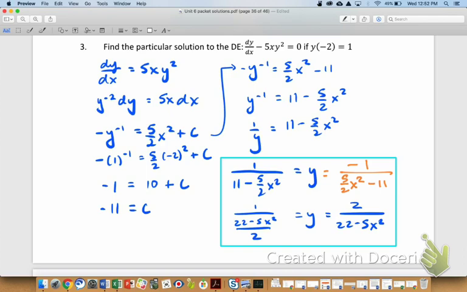Where did you get the bottom? Which one are we looking at? The bottom one. The 1 or the 2 over 22. Oh, so what I did, to get to this one right here, is I just got a common denominator between the 11 and the 5 halves. Essentially I multiplied top and bottom by 2 and then combined.